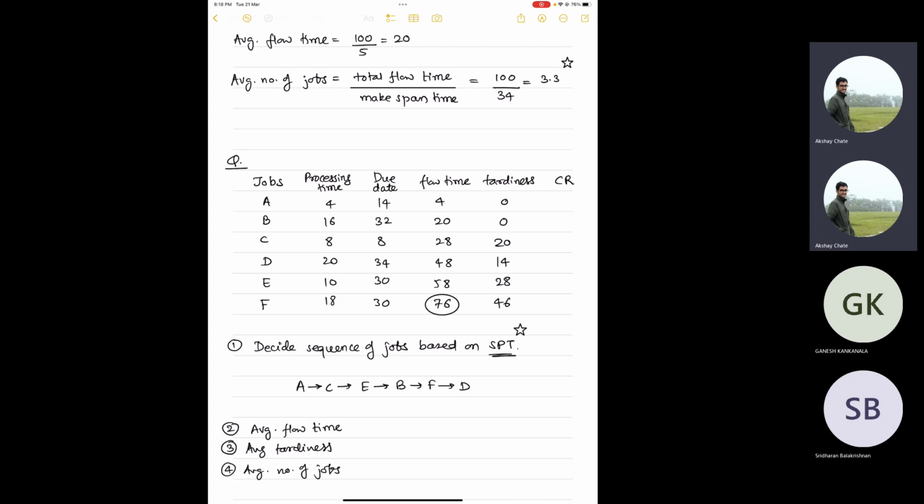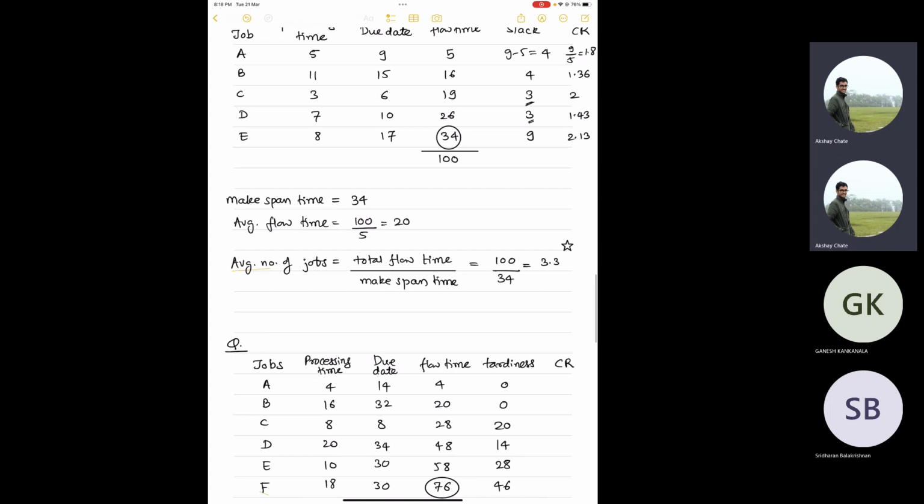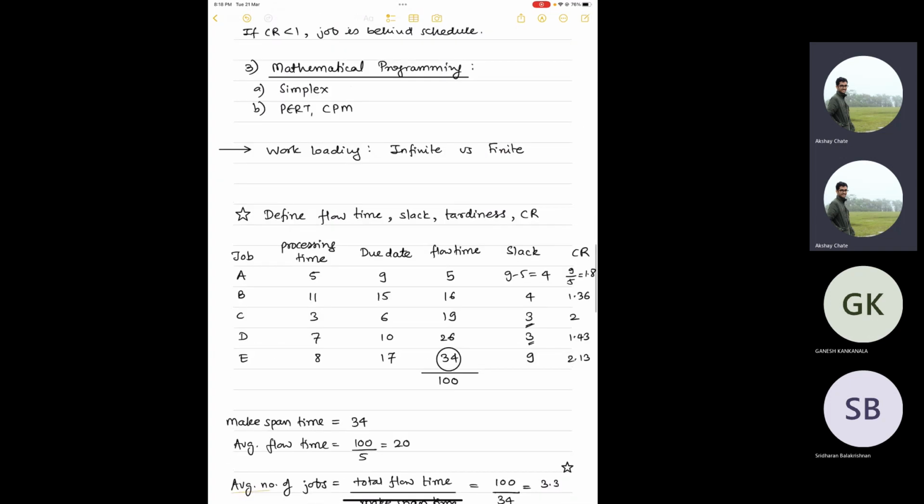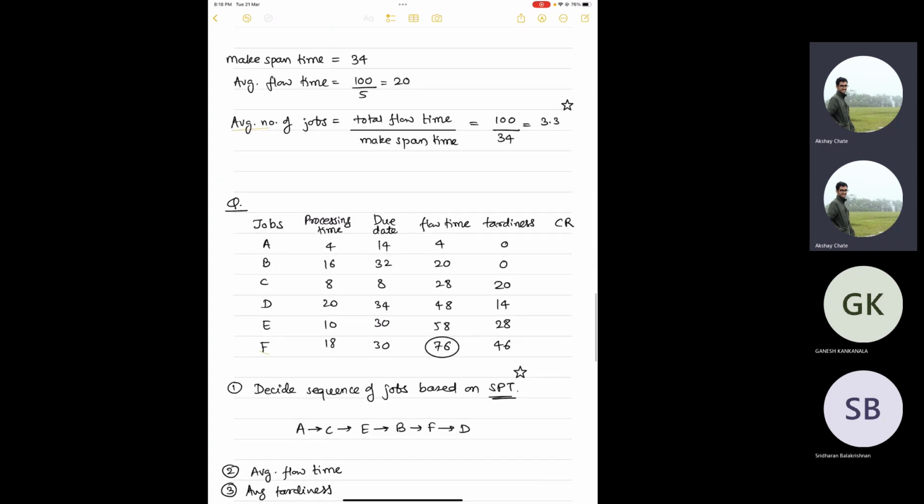And assuming we are at day 0, we'll calculate the critical ratio. Yes, critical ratio: due date minus 0, which will be 14, divided by processing time. So 14 by 4, 7 by 2, 3.5. This will be 2. This will be 1.